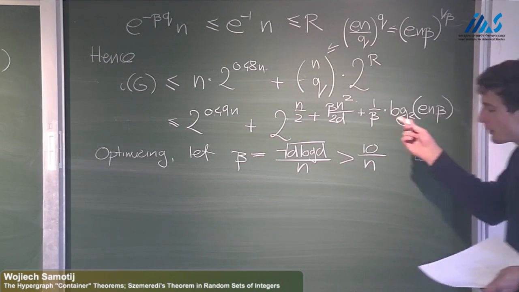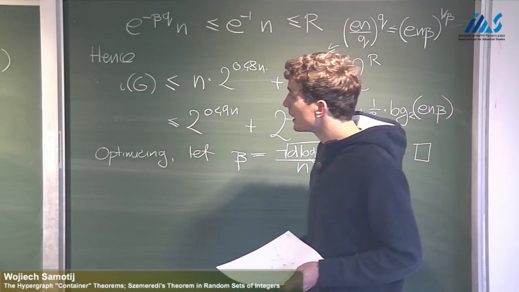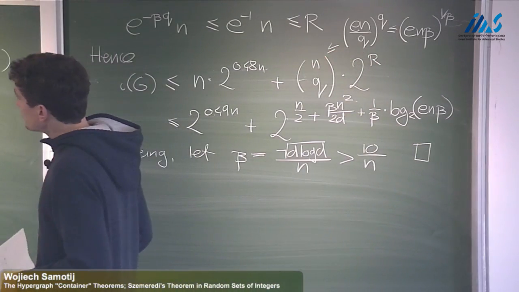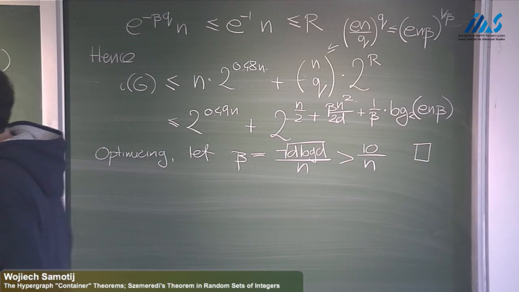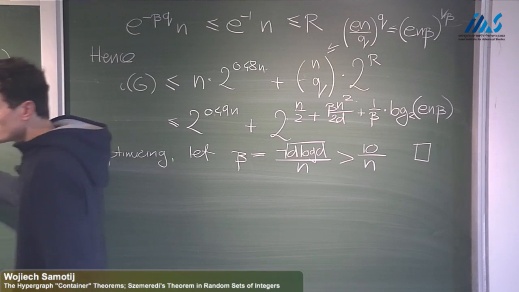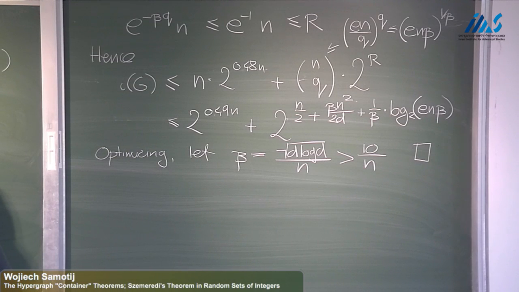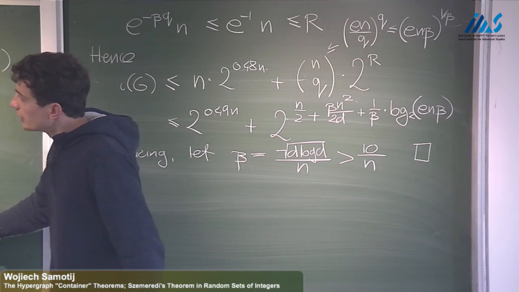So maybe I was a little quick with the computation, so let me review the main idea. Since the graph is regular, if we take any subset of vertices which is somewhat larger than n over 2, then by this really simple double counting argument, we can prove that A contains many edges.